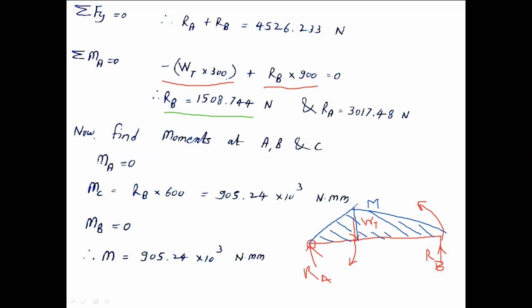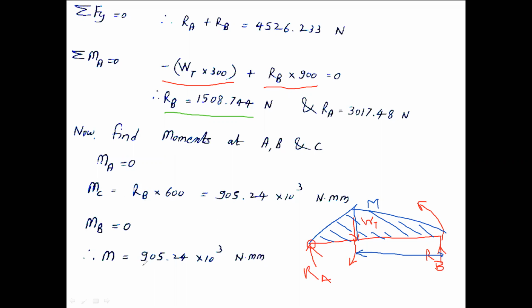Here the maximum bending moment comes out as RB multiplied by this distance, which is 600. RB multiplied by 600 is the moment from the right side, which is generally considered positive. The moment at B is also 0.